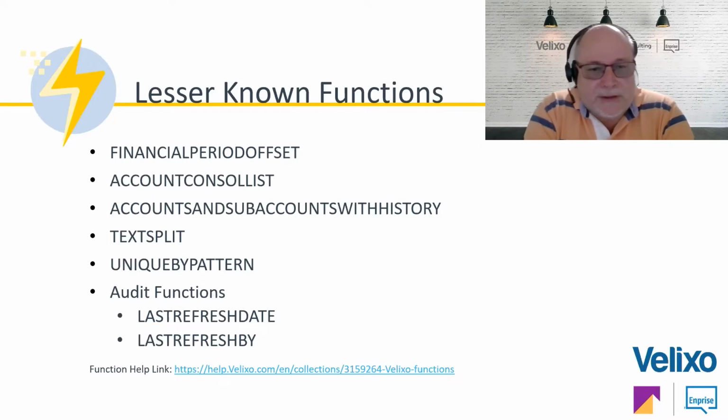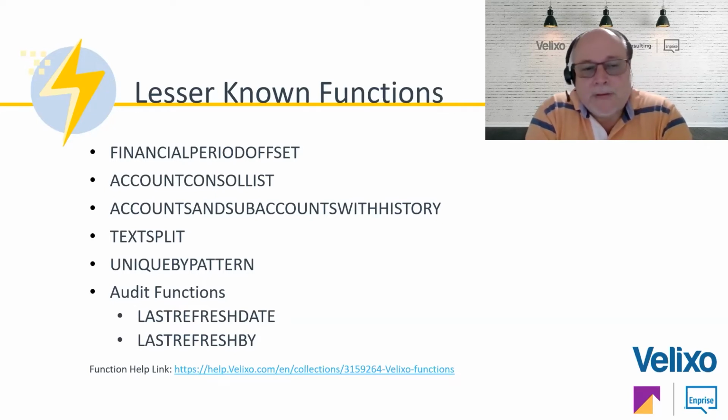What the account console list does is, if you've now got a consolidation and you want to see the underlying accounts, which are the account numbers you need to add up into that consolidation item, it'll tell you what they are. Once you've got that list, you can now do anything with it, and life becomes easy. So what was quite a difficult process has been made very easy by that, and your consolidations become completely automated.